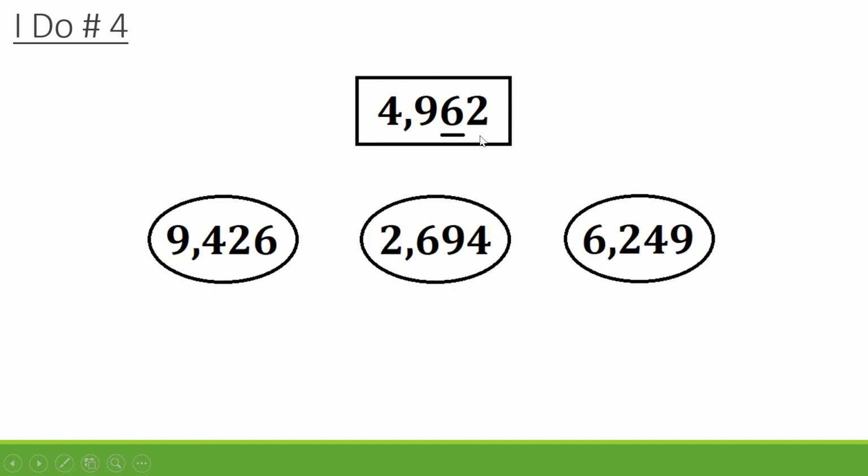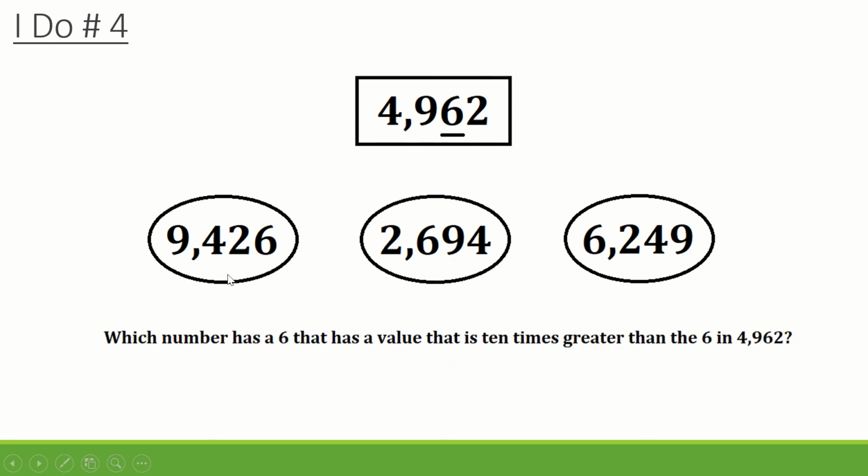So here we're going to analyze this number, which is 4,962. Notice that the 6 is underlined. We have 3 numbers that are built out of the same digits, but those digits have been scrambled. Our question is, which number has a 6 that has a value that is 10 times greater than the 6 in 4,962? This 6 is in the tens place.